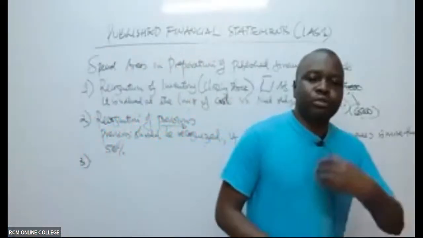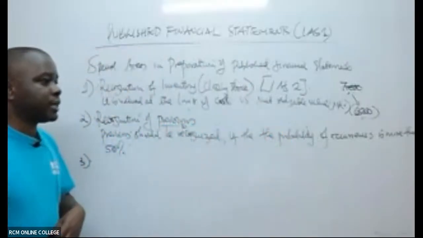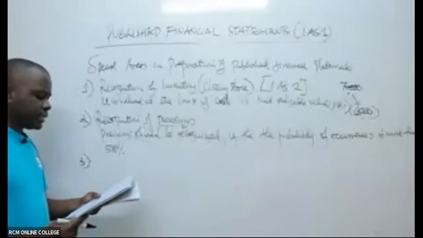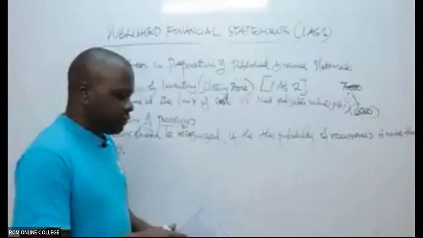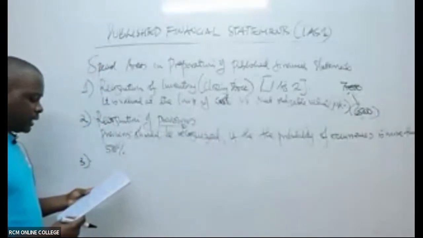Because in this case, they're going to be published out there. So you'll end up having to compute the cost of sales as one figure and plug the figure into the income statement.